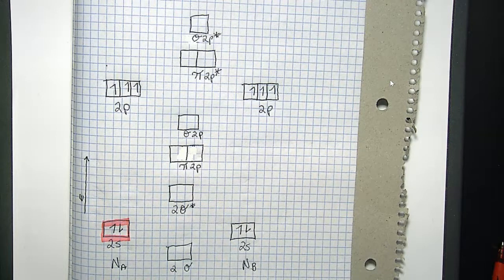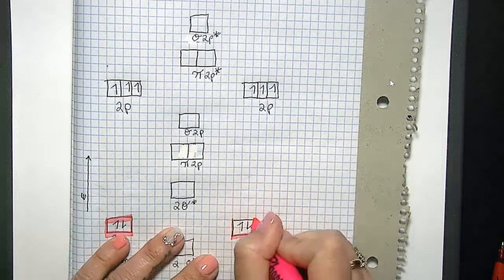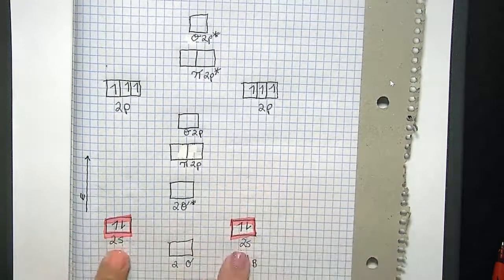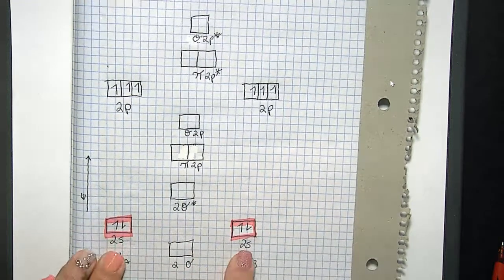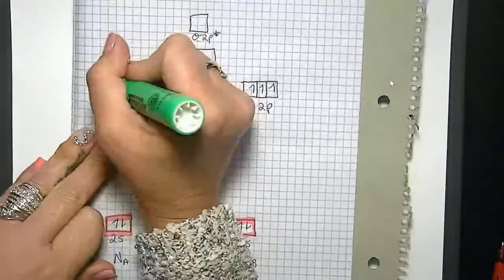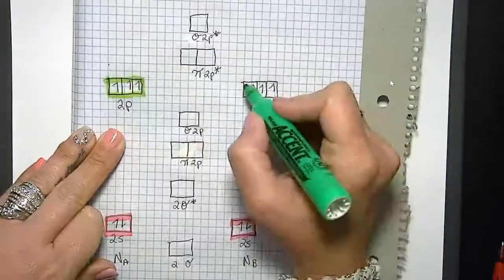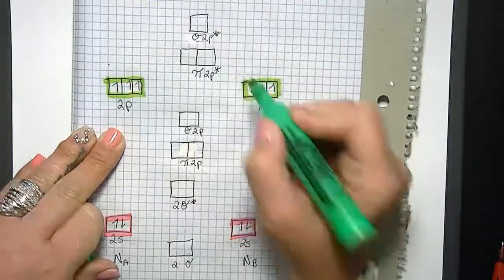2 of them are coming from your s orbital. This is why we start with 2s, because it's in the second row. And then the other 3 are coming from the p orbitals in the second row, as you can see as we go across the periodic table.